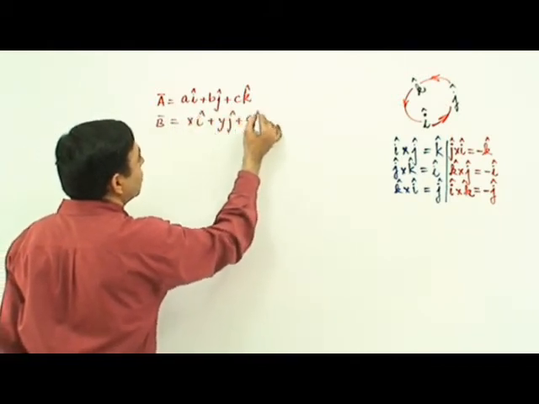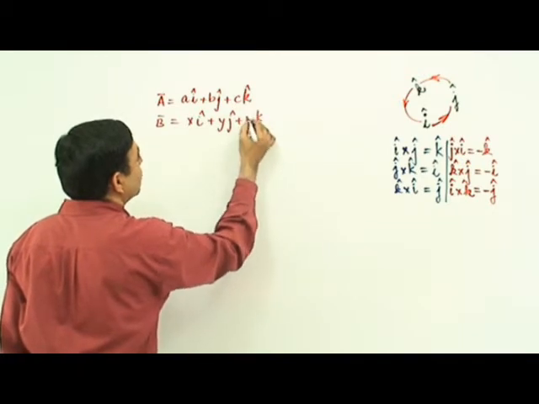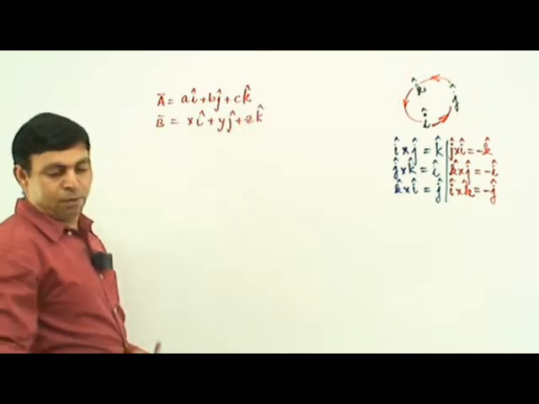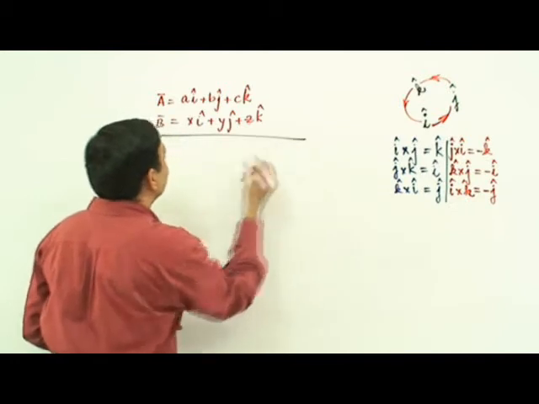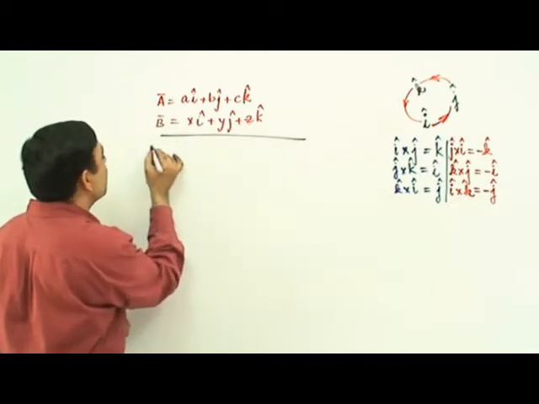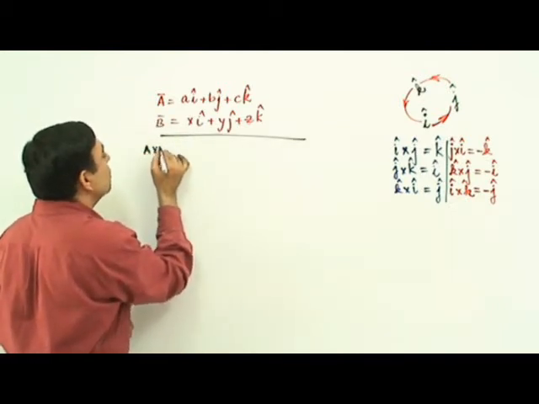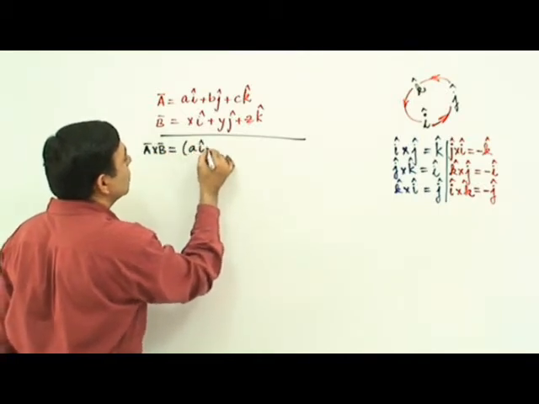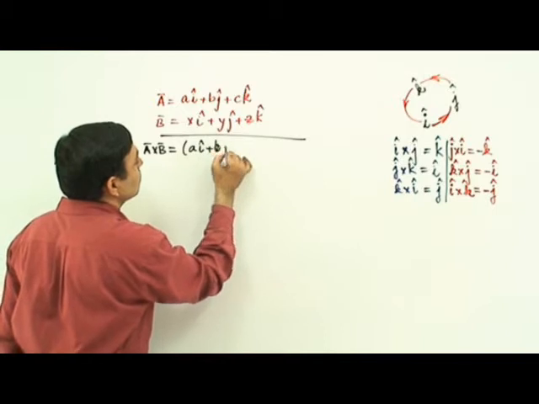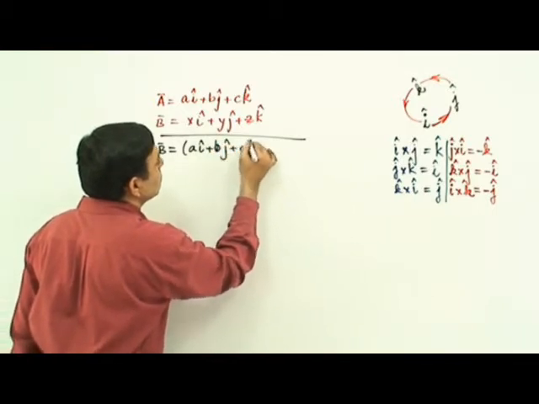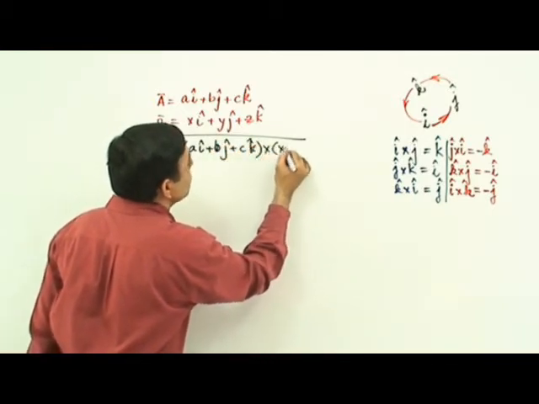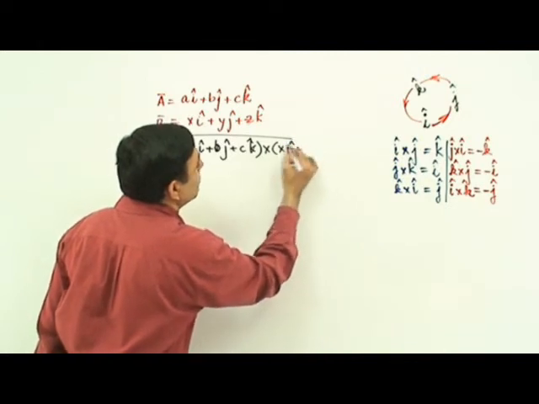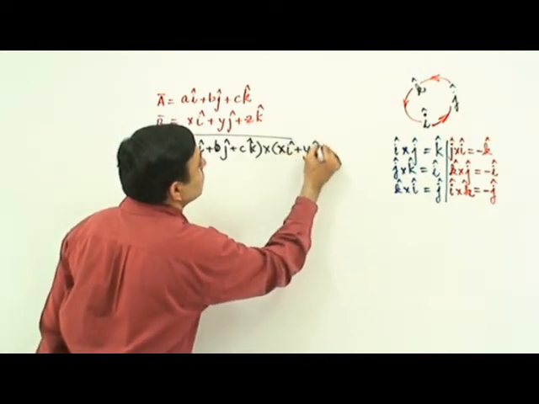What about A cross B now? A cross B, so let me write here: it's going to be ai plus bj plus ck, cross xi plus yj plus zk.